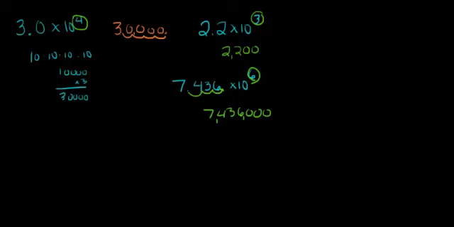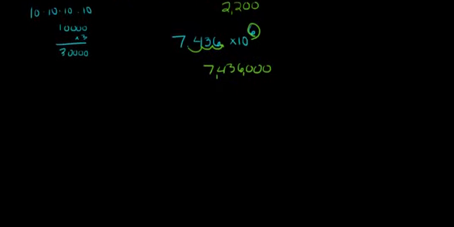Now, if I wanted to go the other way with this, take numbers as they are written and make them into scientific notation, similar principle, we just basically are doing the reverse. Let's say I have the number 42,300. I have to start with the decimal here at the end of the number, and I want to move it so it's after the first non-zero digit.